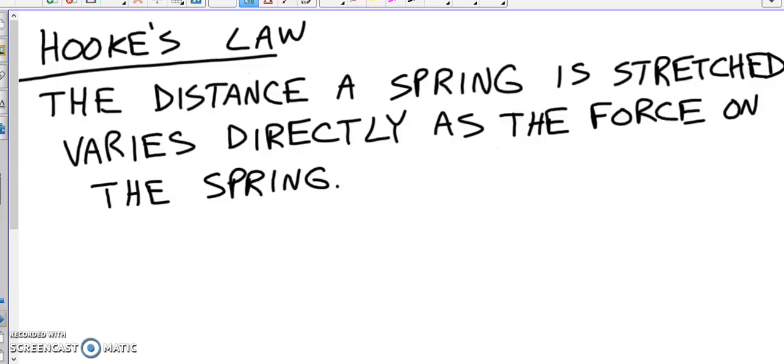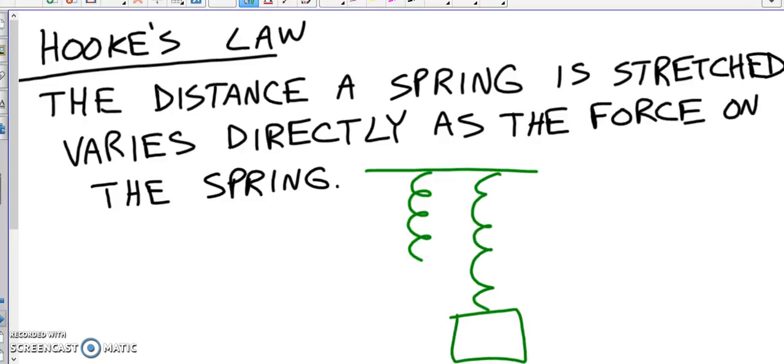I don't know if you've seen this in physics, but it comes from physics. It's called Hooke's law. The distance a spring is stretched, or compressed for that matter, varies directly as the force on the spring. So let's say I've got a spring, and let's say that I take that same spring and attach a 20-pound weight to it.